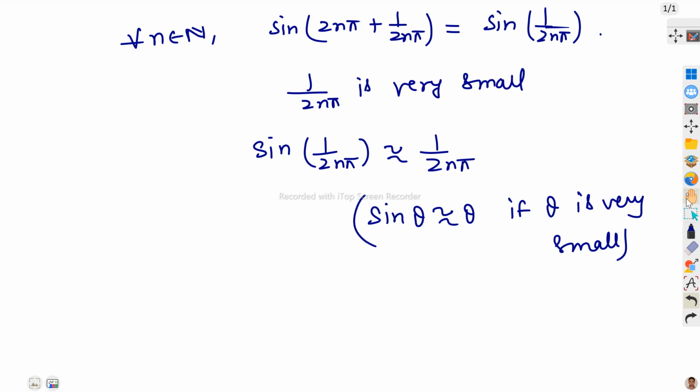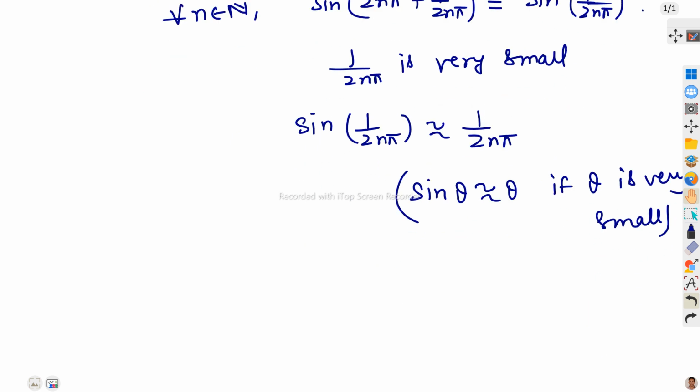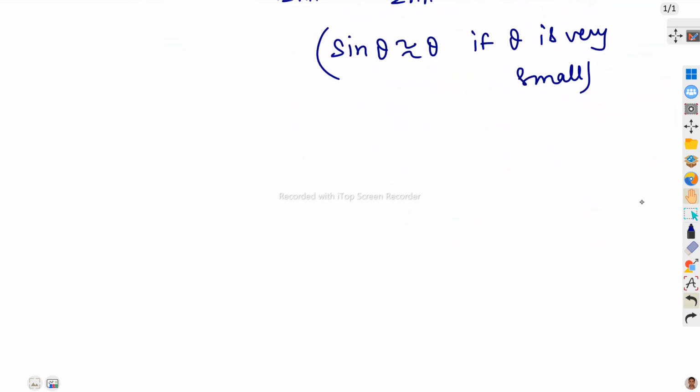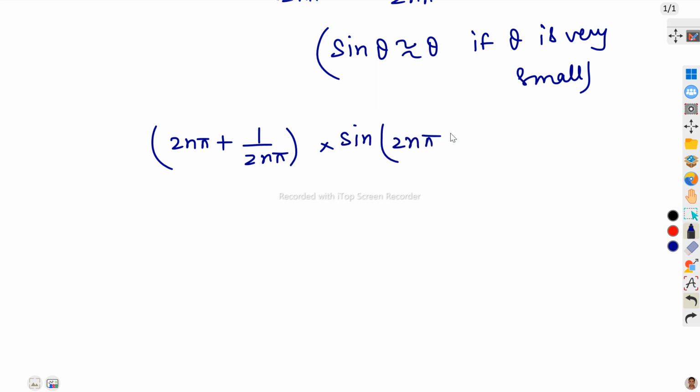Again, we are going to find out the value of (2nπ plus 1 upon 2nπ) into sine of 1 upon 2nπ. So we have to find out the value of this quantity.